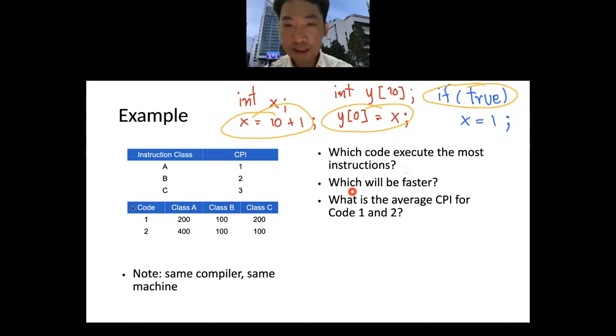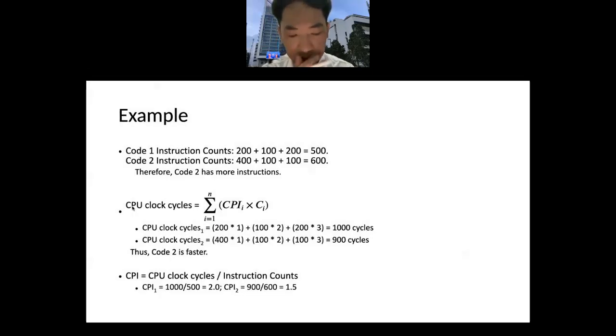And how about the second question? Which one is better? Which one is faster, code number 1 or code number 2? When we have a question about which is faster, we have to calculate the time.